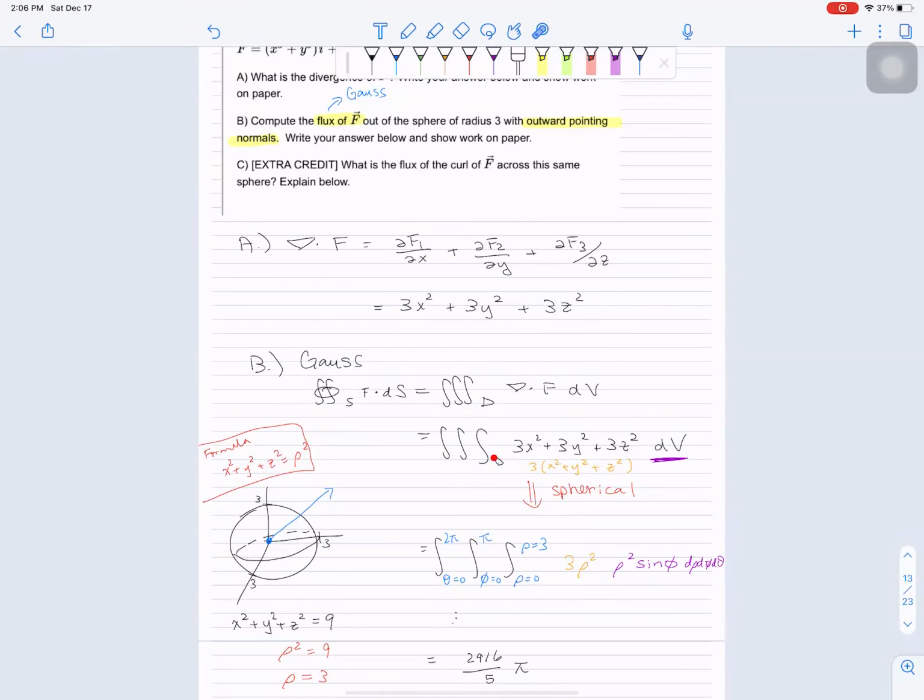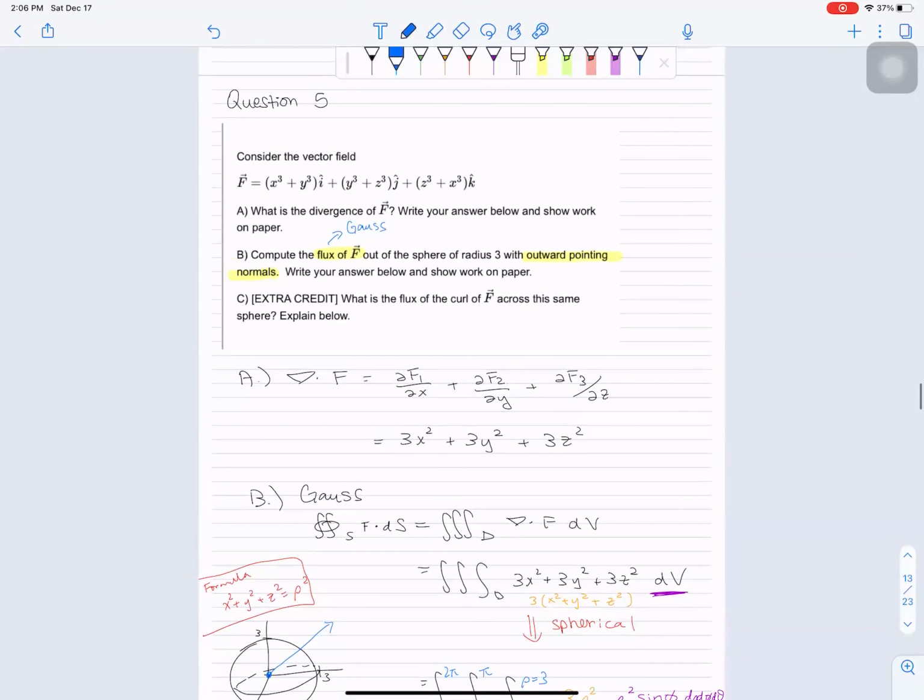When you're doing the triple integral of the divergence, the bounds should always be based on what your closed 3D object is. And here it's a sphere. So that's why for my bounds, I'm doing the bounds for a sphere.